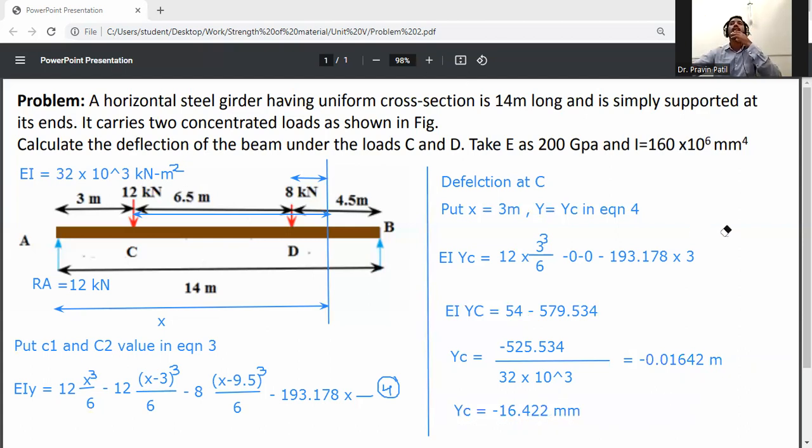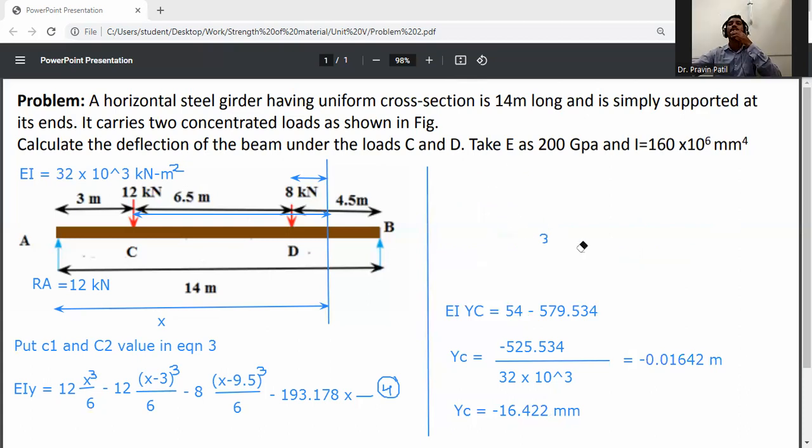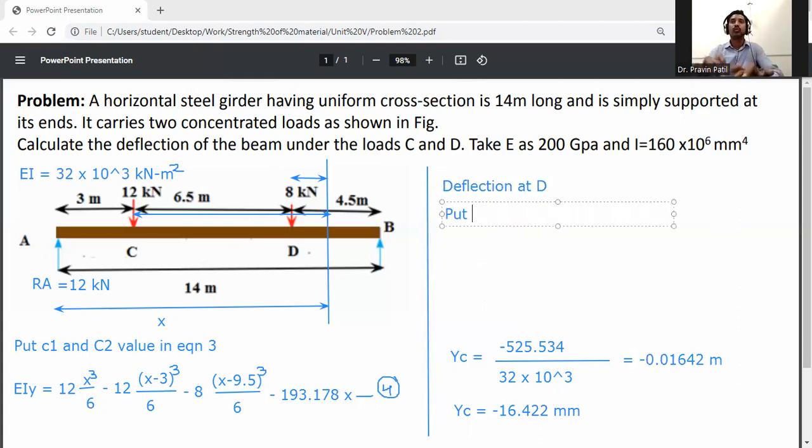Now calculate deflection at D, the second question. So put x is equal to 9.5 meter, and y is equal to yd in equation 4.